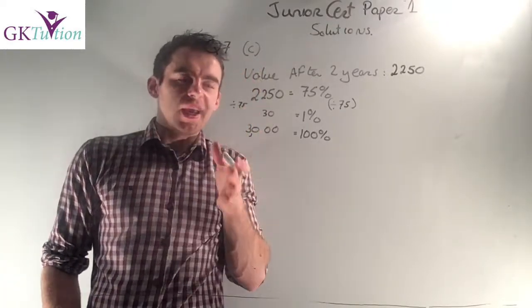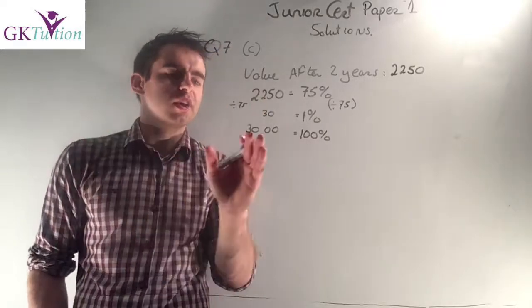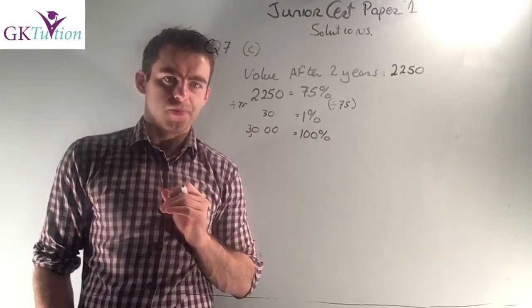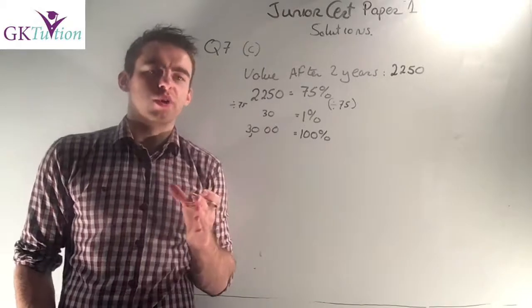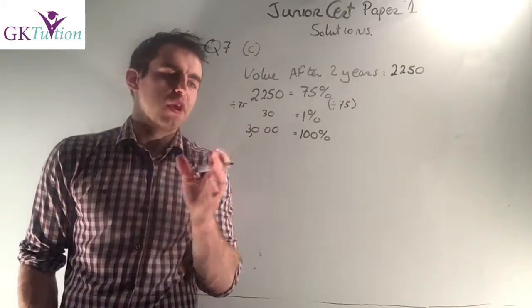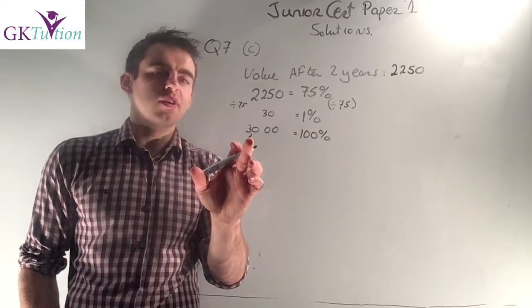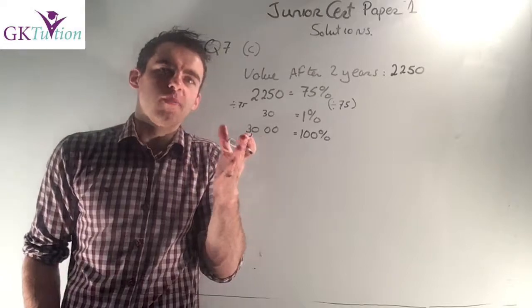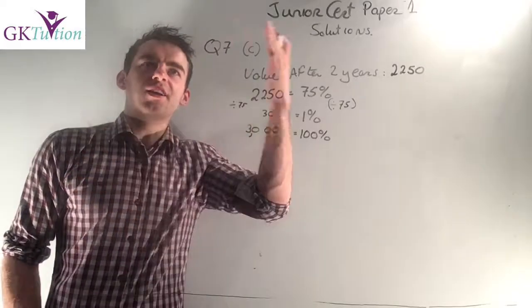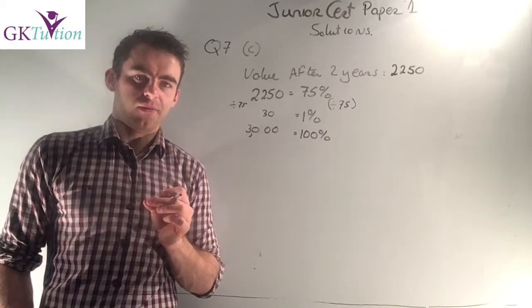So today the computer's 2 years old, and when it was 1 year old, it was worth €3,000. But I don't want to know how much it was worth when it was 1 year old. I want to know how much it was worth when I bought it. So now I need to do the whole thing again. I bought it one day, and a year later it lost 25% of its value and it was worth €3,000.